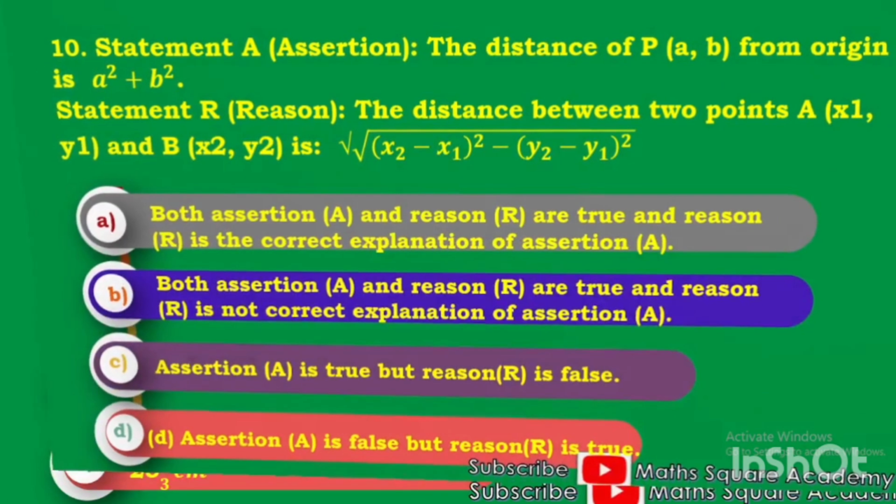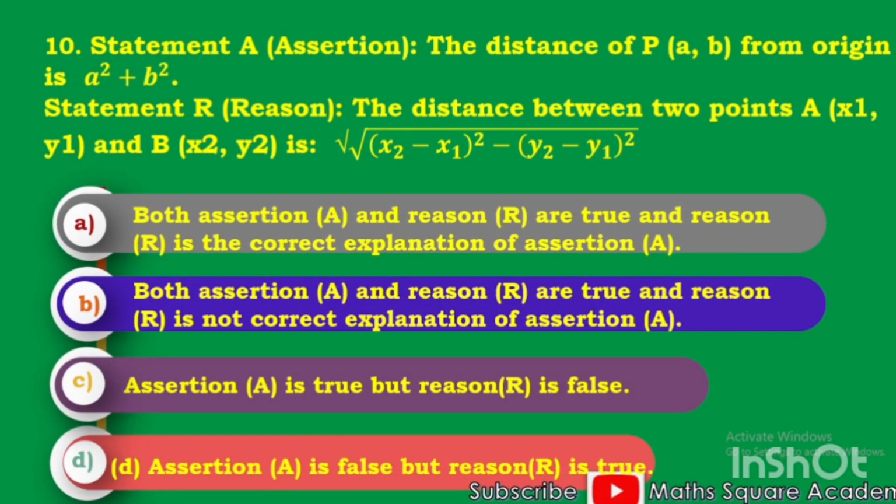The last question is a reason and assertion question, that is assertion A and reason. First we have to check whether the assertion and reason are correct or not.